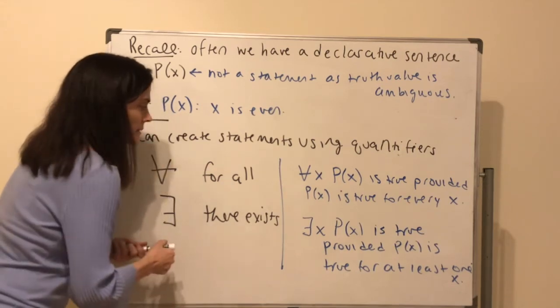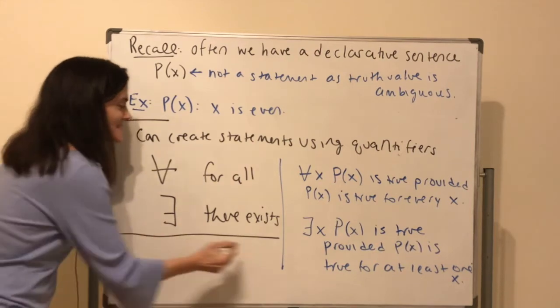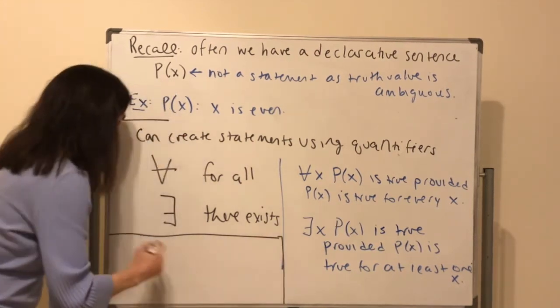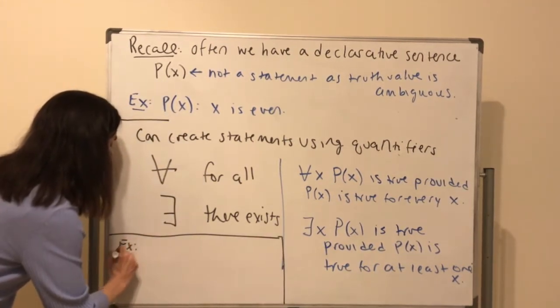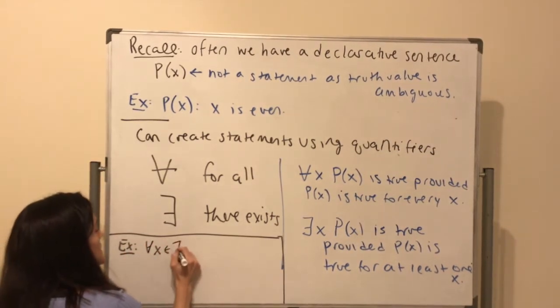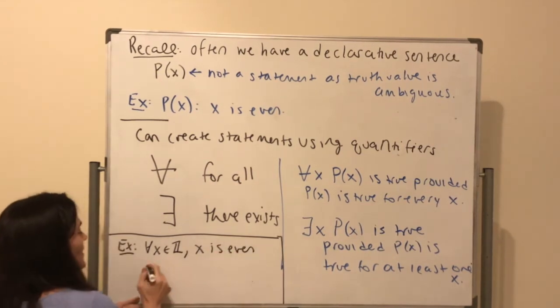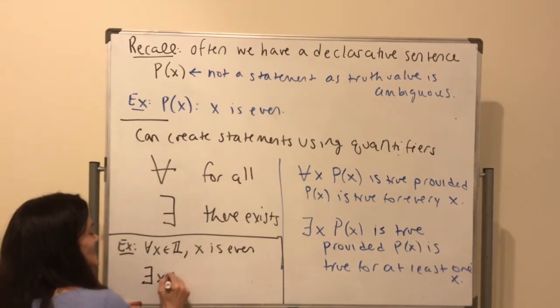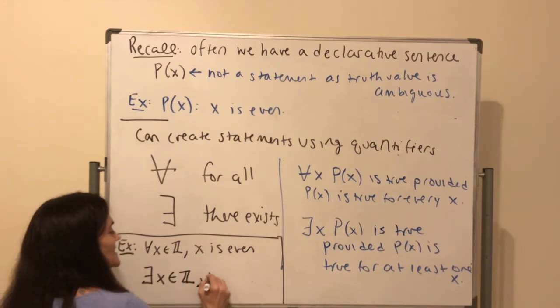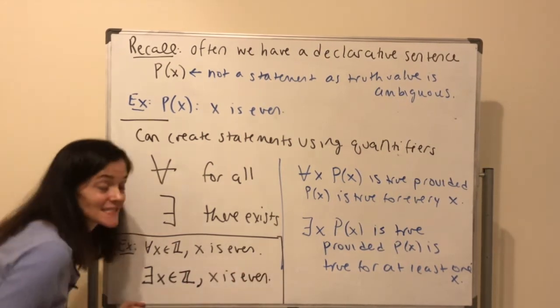Okay, now let's look at this particular one at the bottom. If I said for all X in Z, X is even, or if I said there exists X in Z such that X is even, these are both statements.